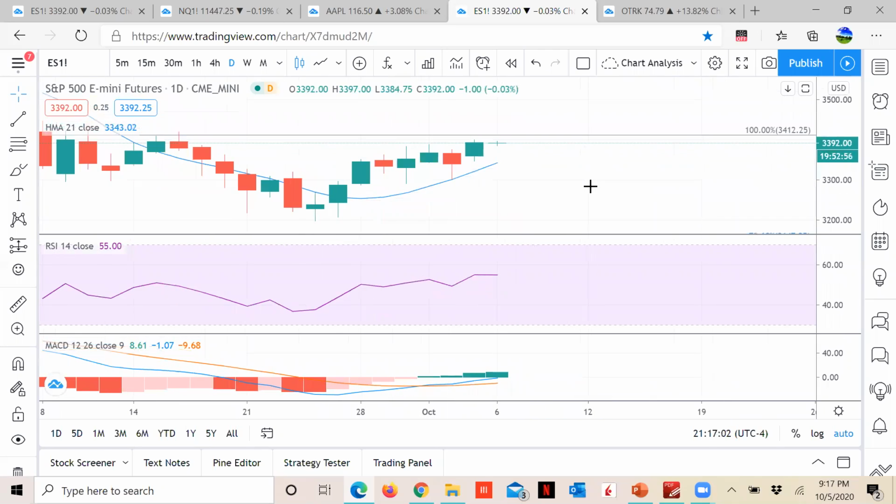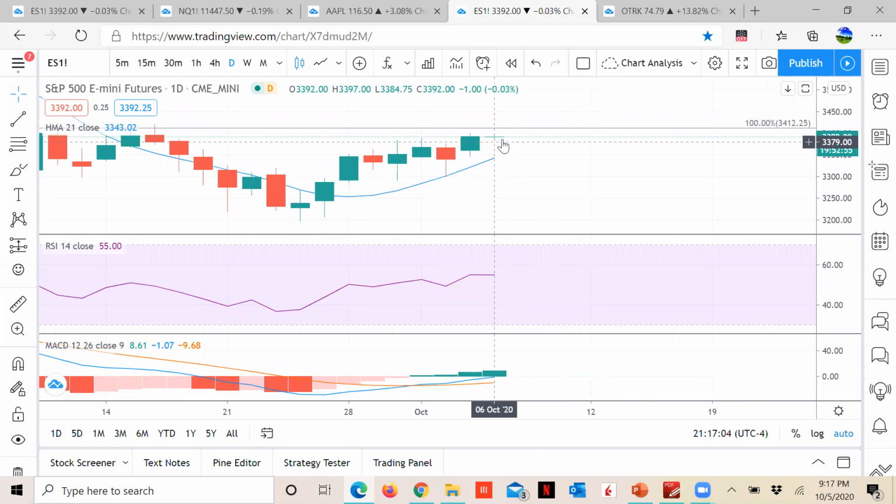Can you see it? You see it like a cross here, right? So that's basically called a doji, where the opening and the closing price of a security is the same.